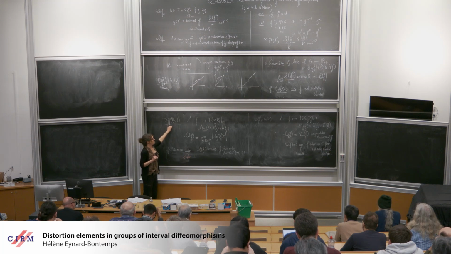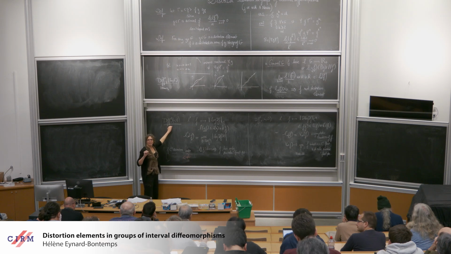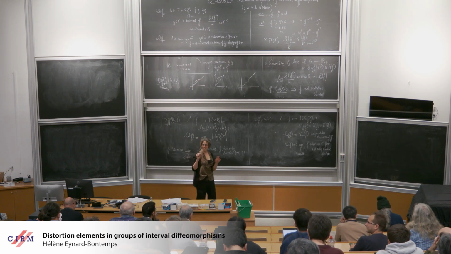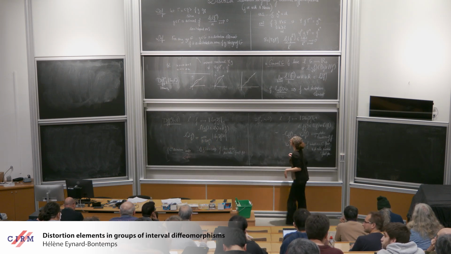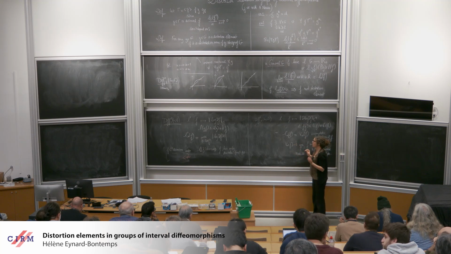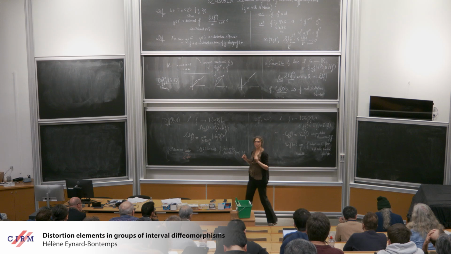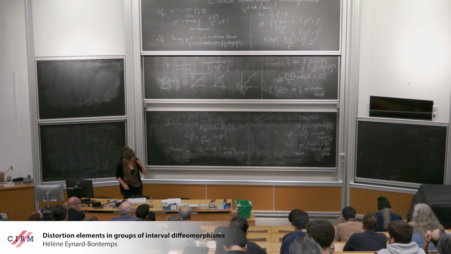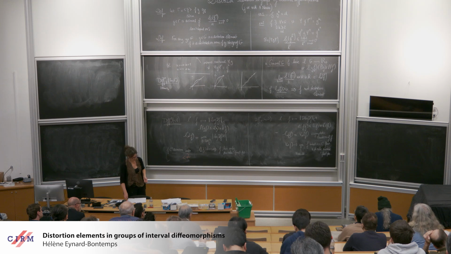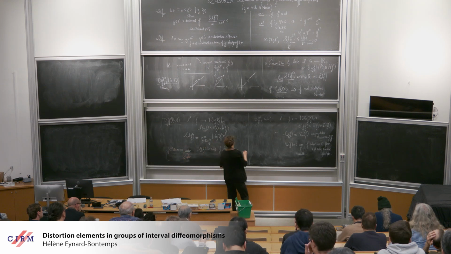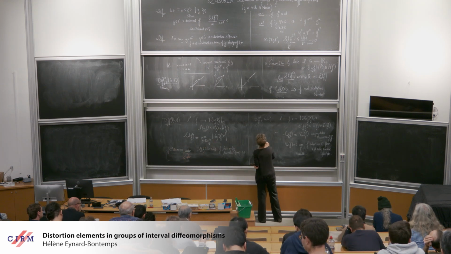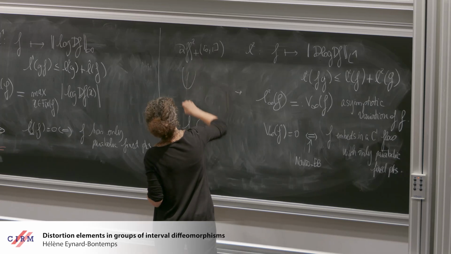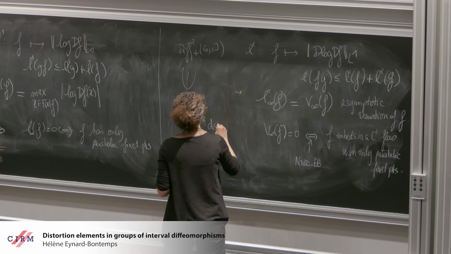Like, I don't remember the number of generators you need to write your diffeomorphism, but okay, you don't either. Okay, just to say, they are not C1 distorted because they are conjugated to a power of themselves, for more complicated reason than that.